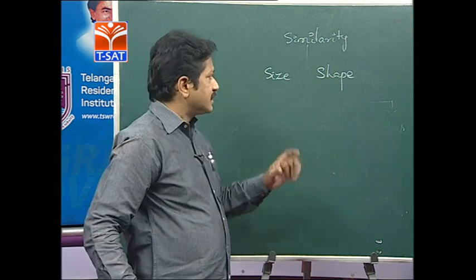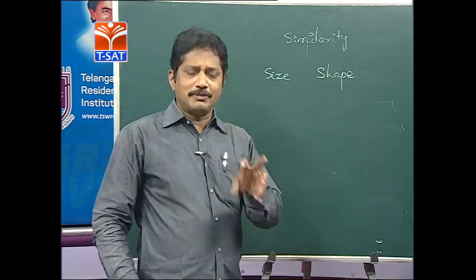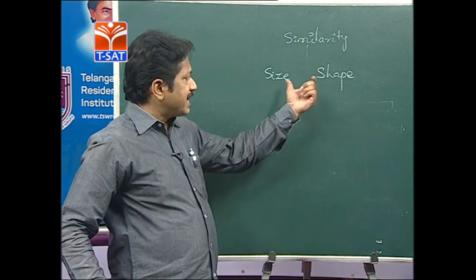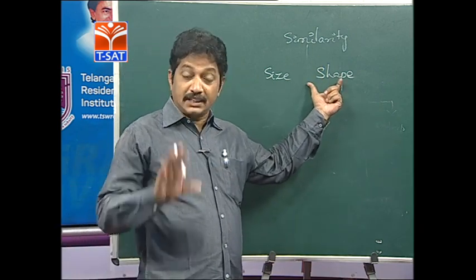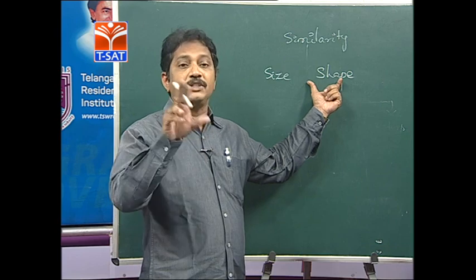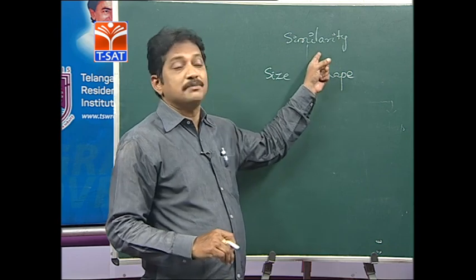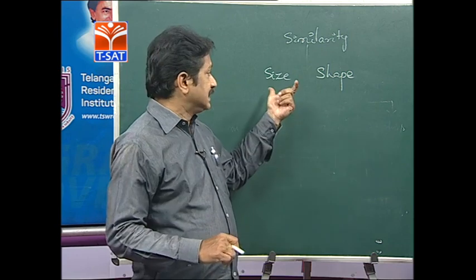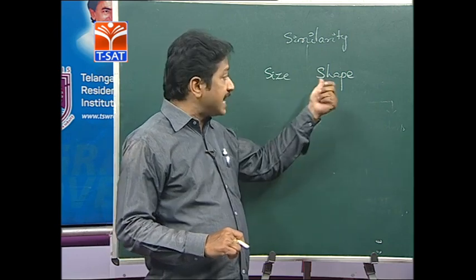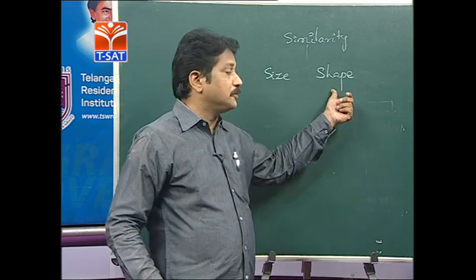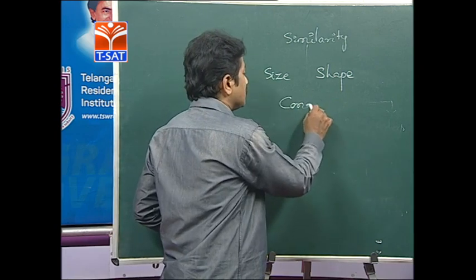If the triangles or any plane geometrical figures have only the same shape, then we call them similar figures. If they have the same size and shape also, then we call them congruent.